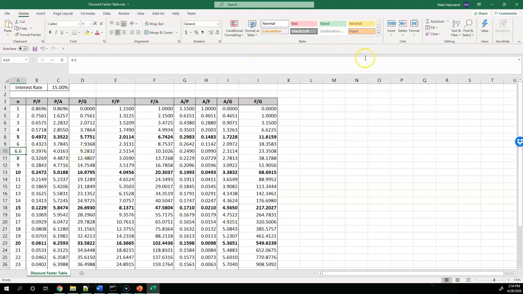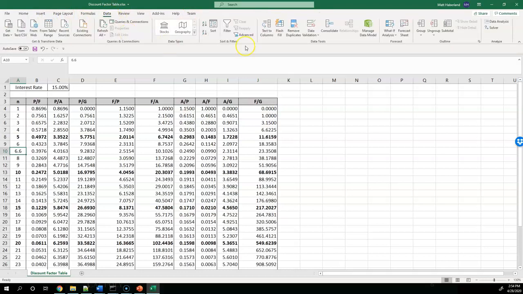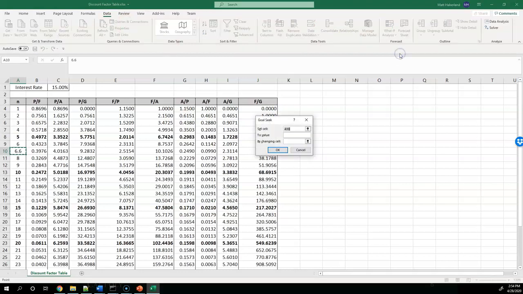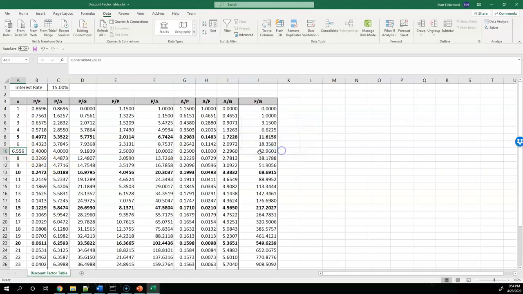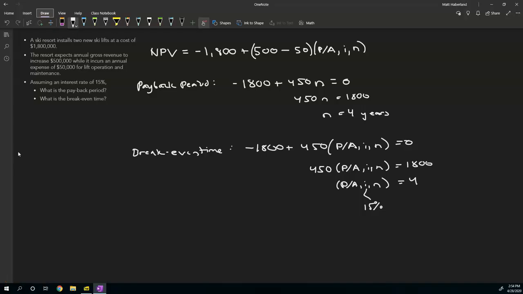If we wanted to be fancy, we could do the same thing we learned recently. We can go into Data, go to What-If Analysis, and go to Goal Seek, and we want to set this cell to the value of 4 by changing the number of years. And there we go, 6.556 is the answer.